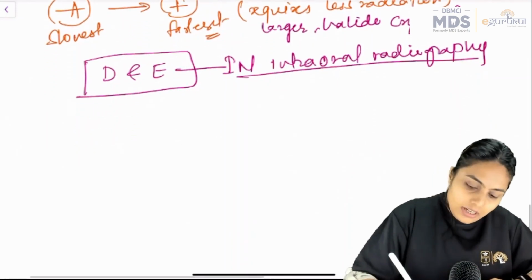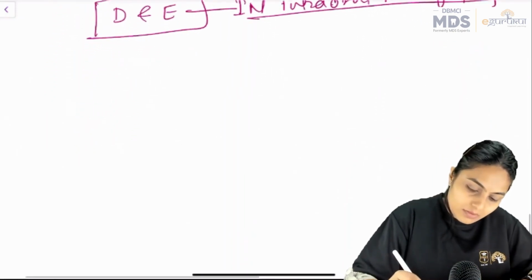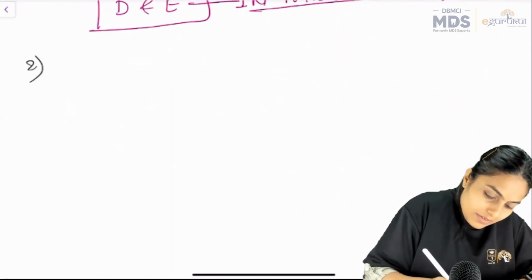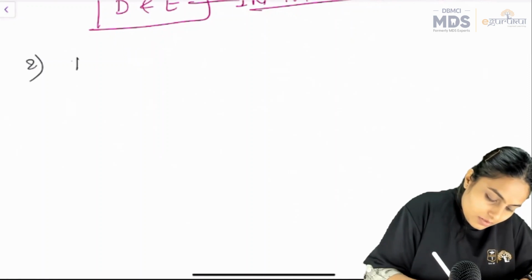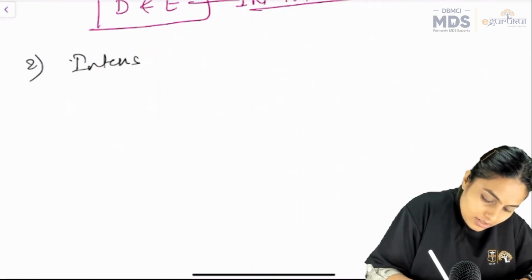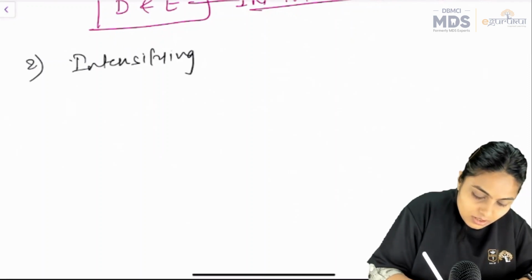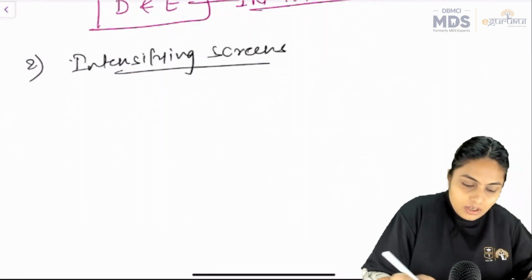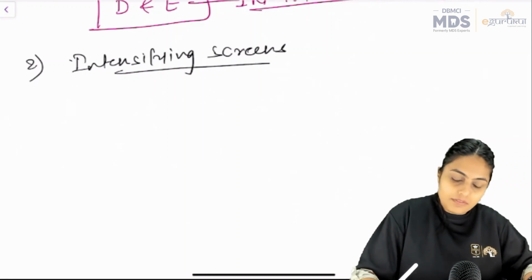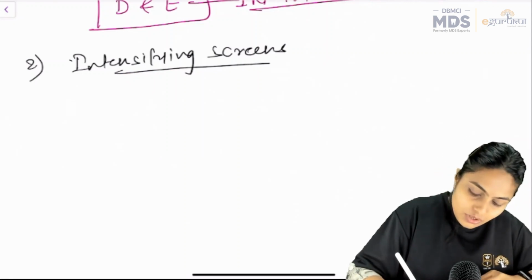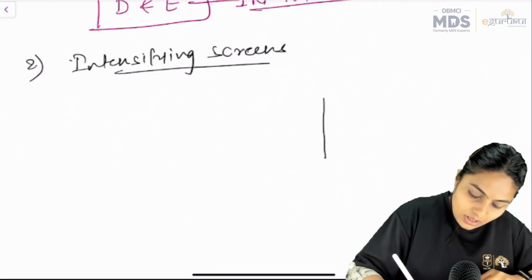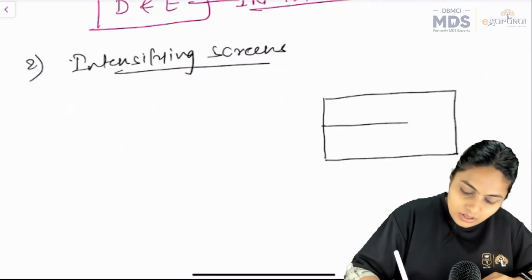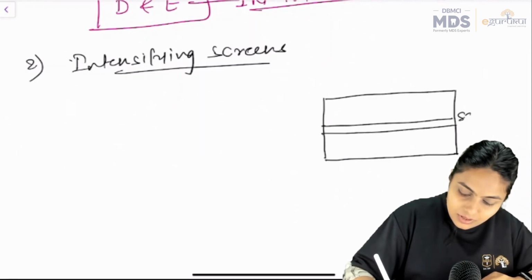Okay, then comes the next entity, which is intensifying screens. If I tell you the composition and the positioning of it, here we have screen film.